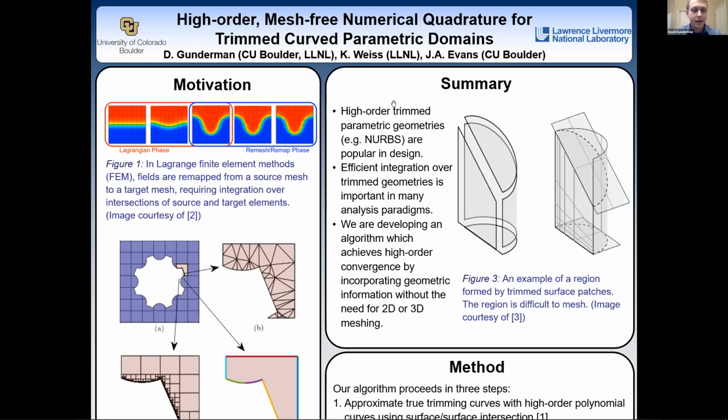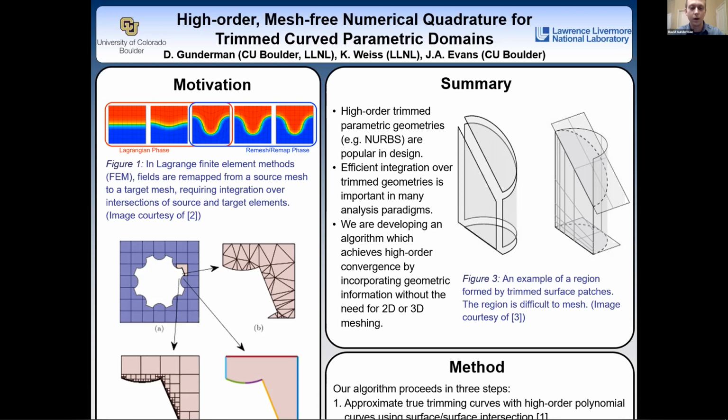In this project, we're interested in trying to efficiently integrate functions over the interior of these types of regions. I'll talk more about the motivation and applications in a minute, but traditional integration strategies currently used for this problem can be low order convergent or can require complicated meshing.